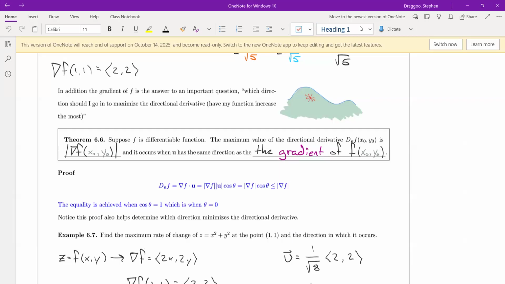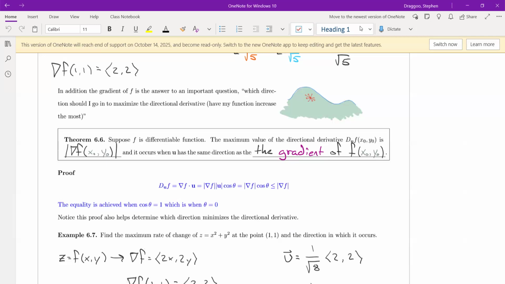Gradient returns our direction of maximum change. And the value of that directional derivative in the maximum change is just the magnitude of the gradient at that spot. So the magnitude of the gradient gives us our maximum rate of change, and the direction of the gradient tells us which direction that happens in.